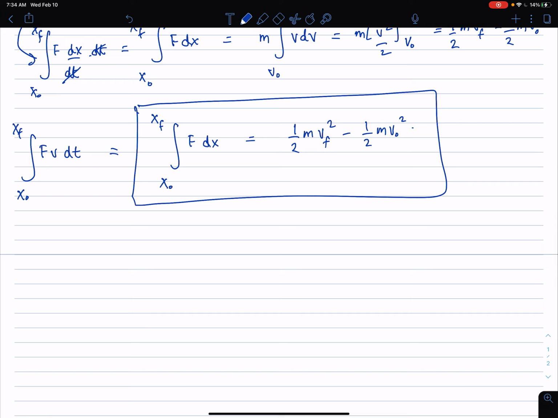So it's in some sense, at least in this context, a consequence of F equals ma in this equation.